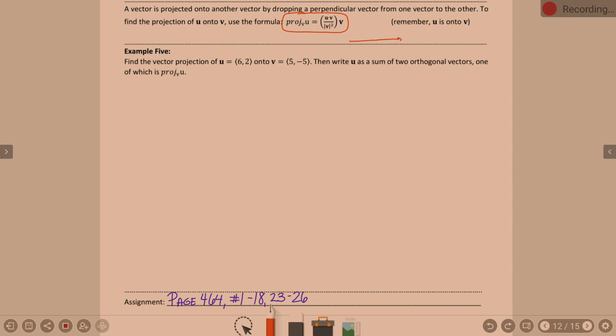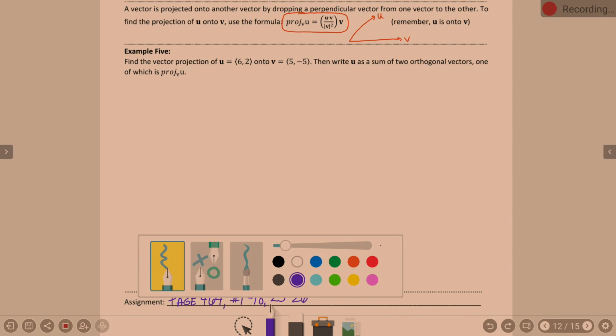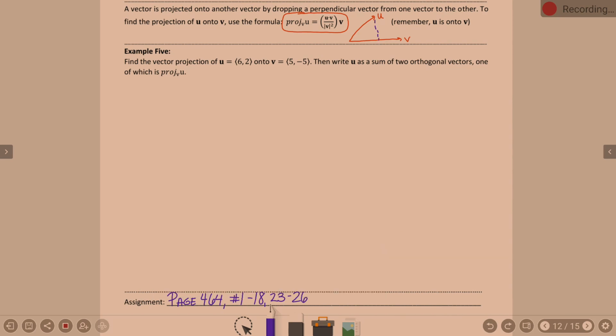If this is vector v, and then the vector u is up there, the idea of a projection is that you drop a perpendicular vector, so a right angle, and then the vector is now on v.